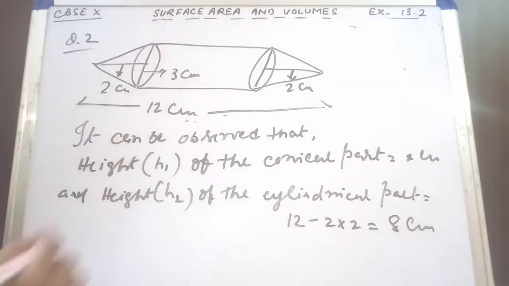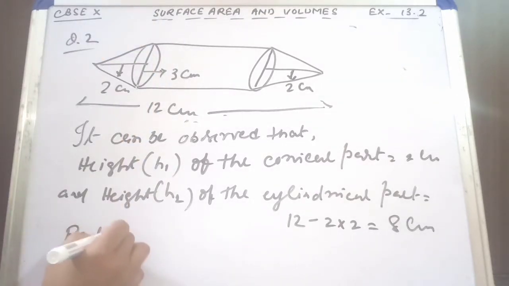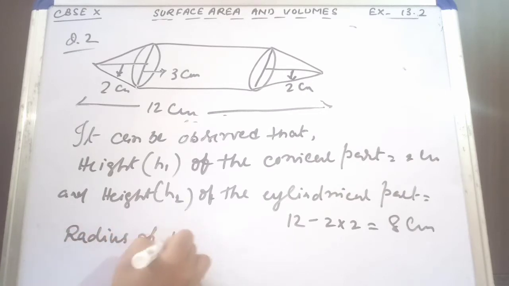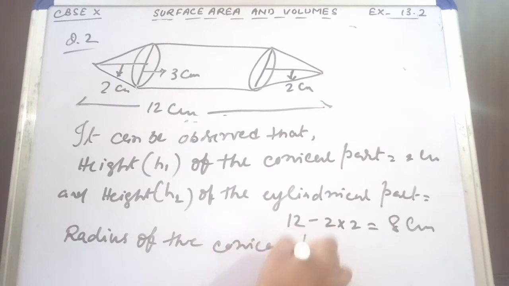And radius of the conical part is equal to 3 by 2 centimeter.